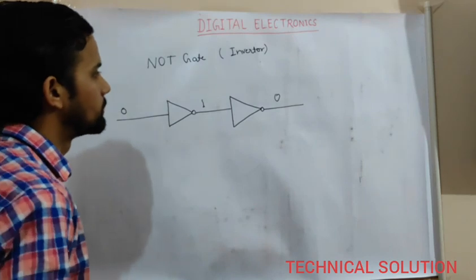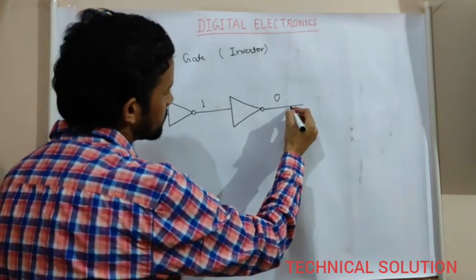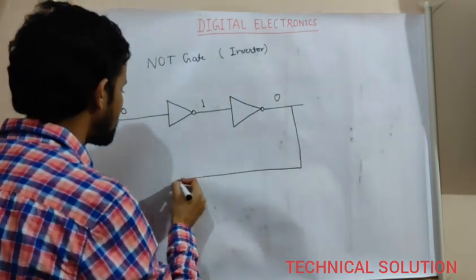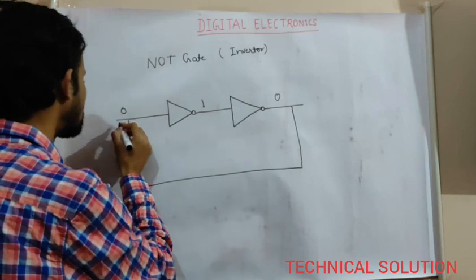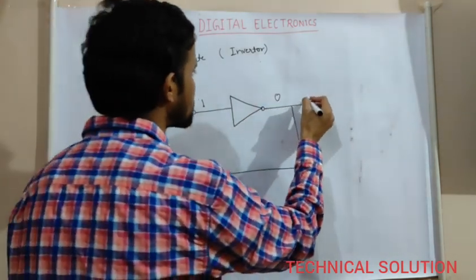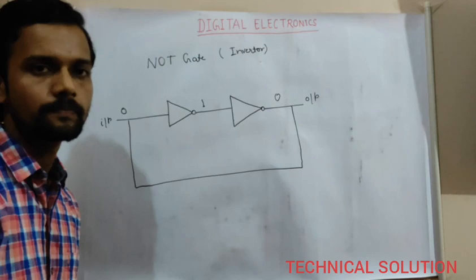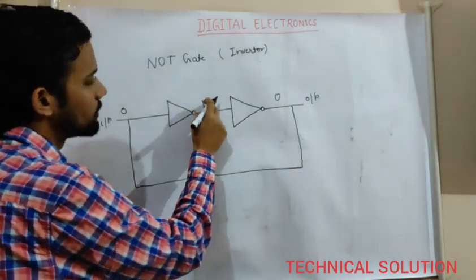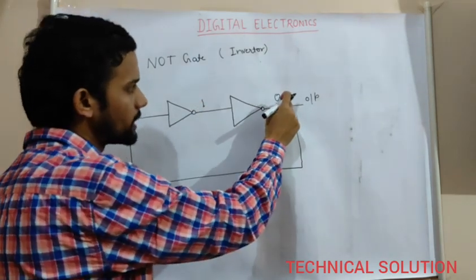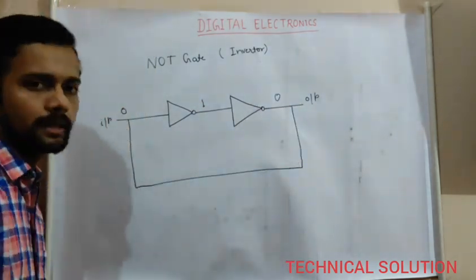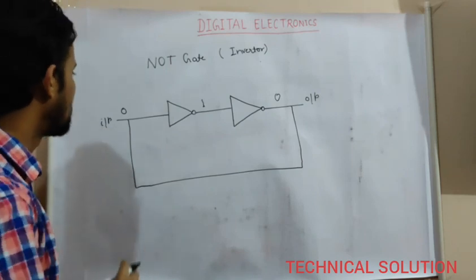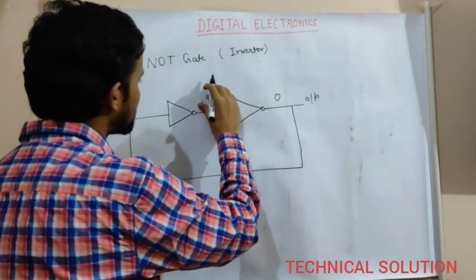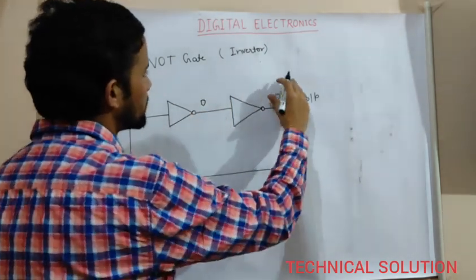But if we connect this output with this input as a feedback path, this is input and this is output. Then again this 0 present here gives 1 as output here and 0 as output here. If you connect this feedback path in this manner, and if you change this input to 1, then we get 0 as output here and 1 as output here.